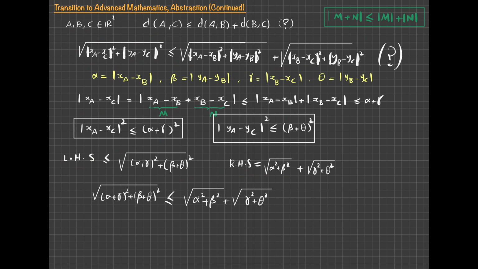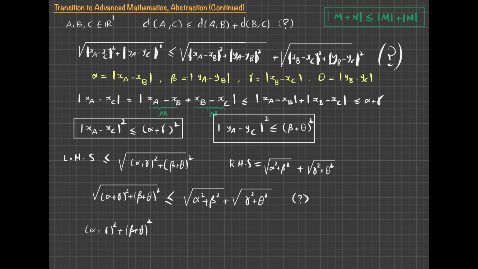Okay, now I momentarily forget about my original inequality and focus on this new inequality. I want to simplify this inequality in a recursive way so that I come up with a trivial, always true inequality. So we raise both sides to power 2. What happens? This becomes alpha plus gamma squared plus beta plus theta squared.